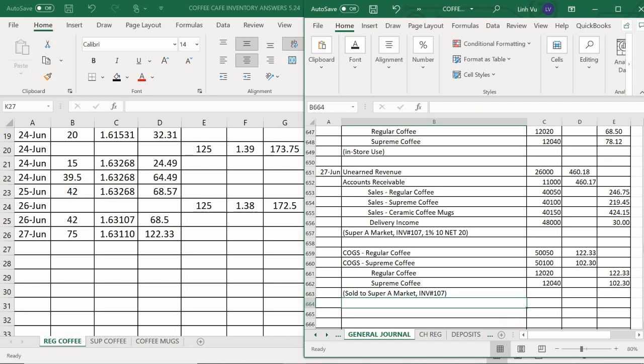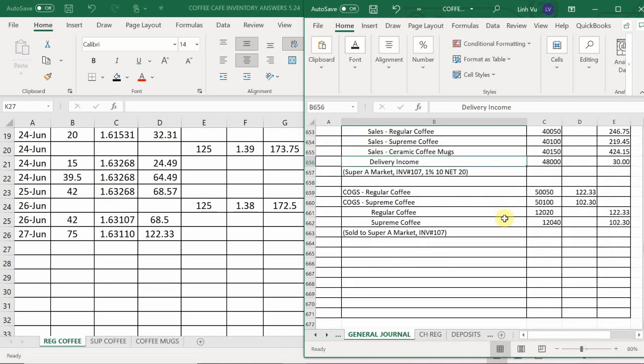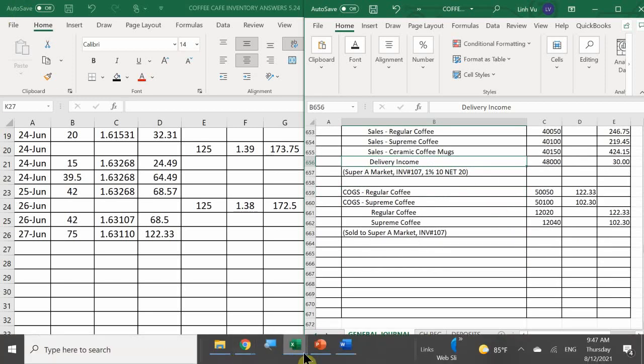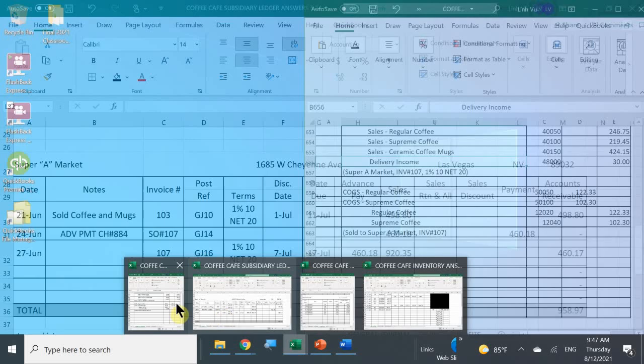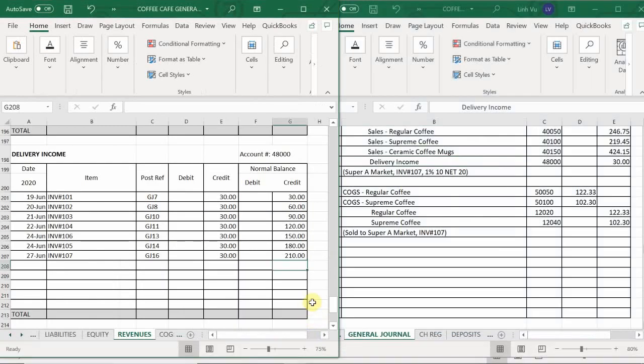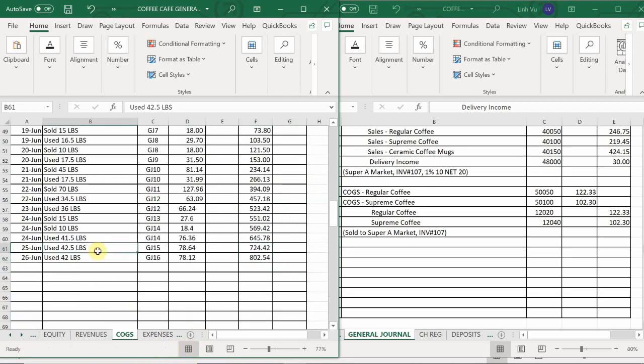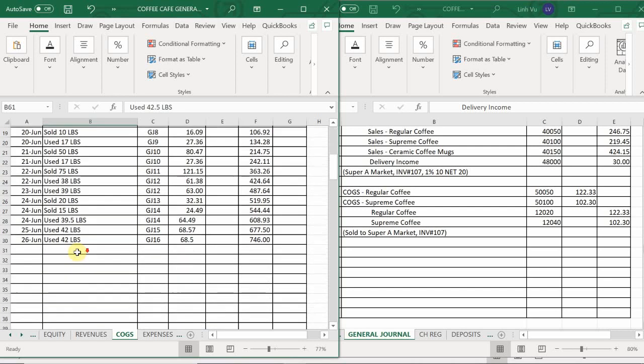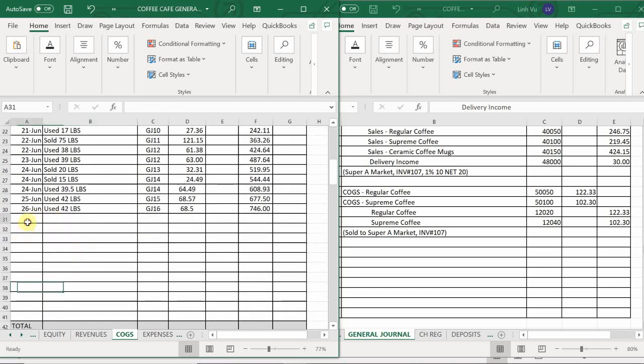And then next we can go back to our general ledger and post these. The first account is going to be cost of goods sold for regular coffee. Our date is 6/27.